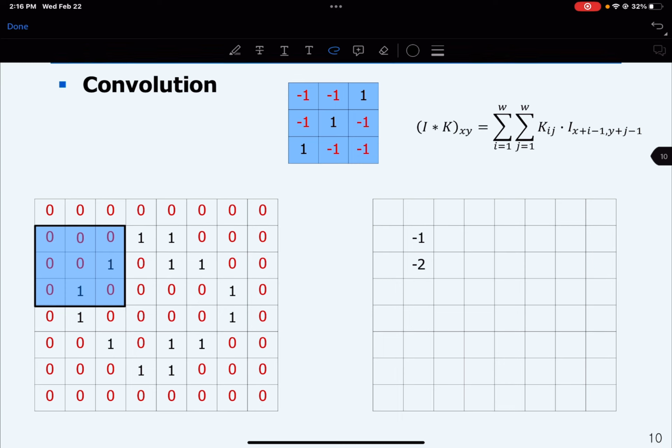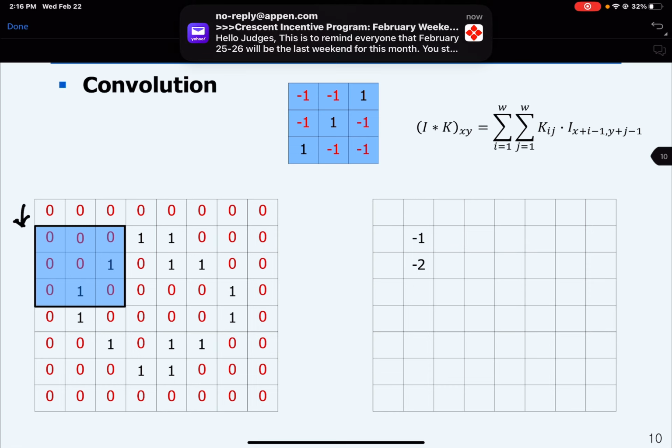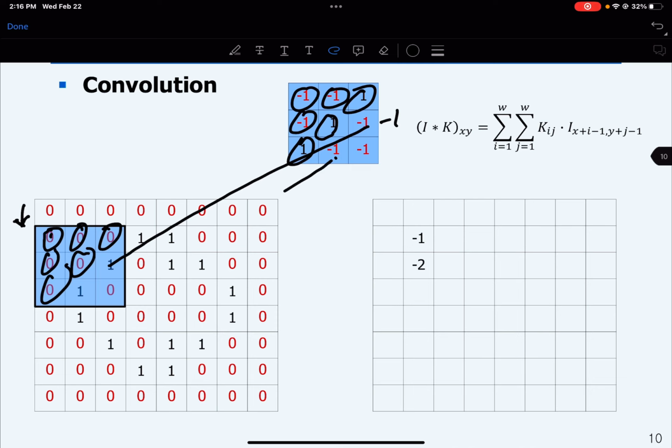In the next step, we slide the window, the kernel, down 1 pixel, and again calculate the convolution. So this becomes 0, 0, 0, 0. This becomes -1. This becomes 0 again.